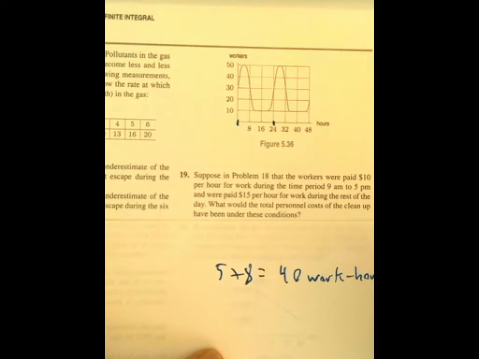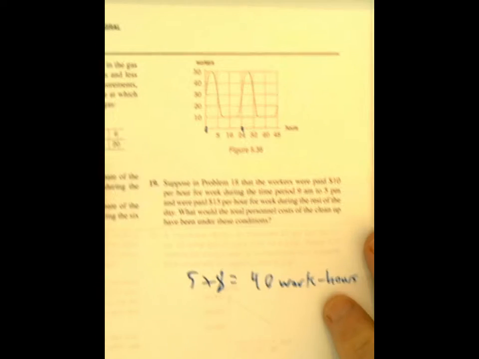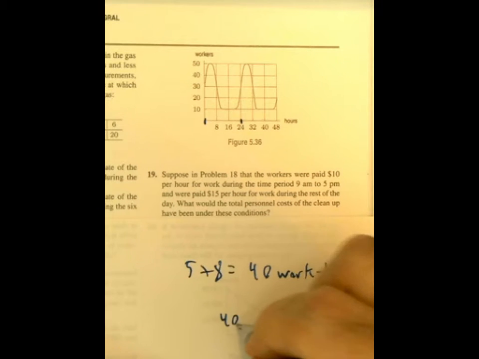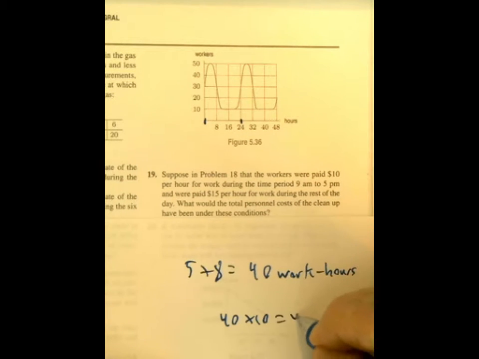So you have a total of 40 hours that you have to pay $10 for. You would take that 40, multiply it by 10, and your personnel cost would be $400. Okay?